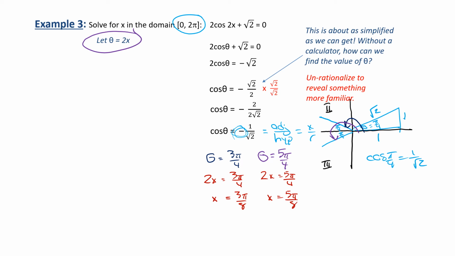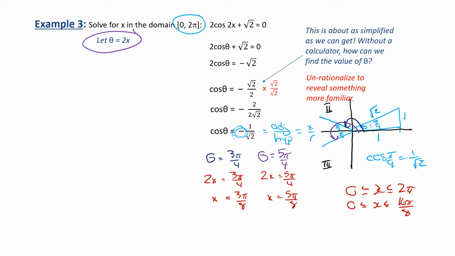Since we have changed the denominator, we can now get more answers. So we have to think about our period again. 2 pi, our period: 0 is less than or equal to x, which is less than or equal to 2 pi. Now 2 pi, look at the denominator, is the same as what over 8?